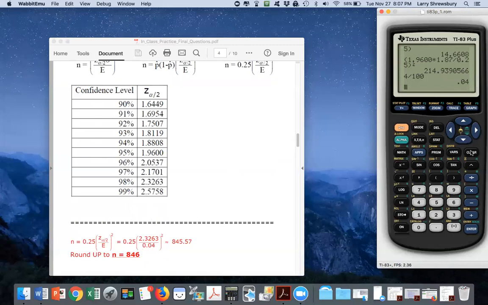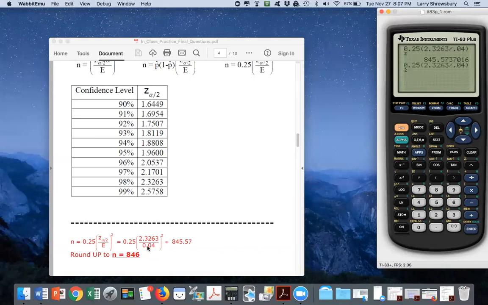Don't square the whole thing or you'll get a wrong answer. 0.25, left parenthesis, 2.3263, and we're going to divide that by 0.04, right parenthesis, and then square it. And you round up and you have 846.